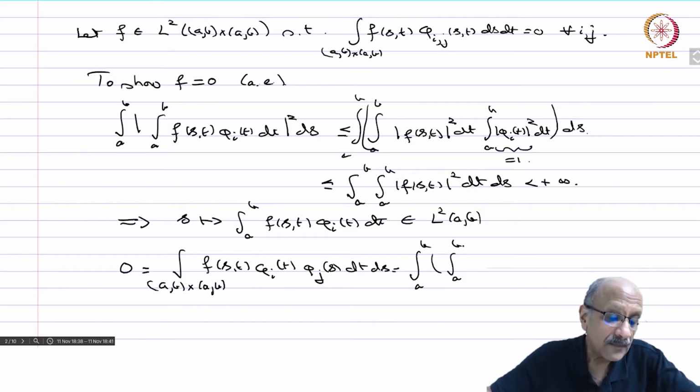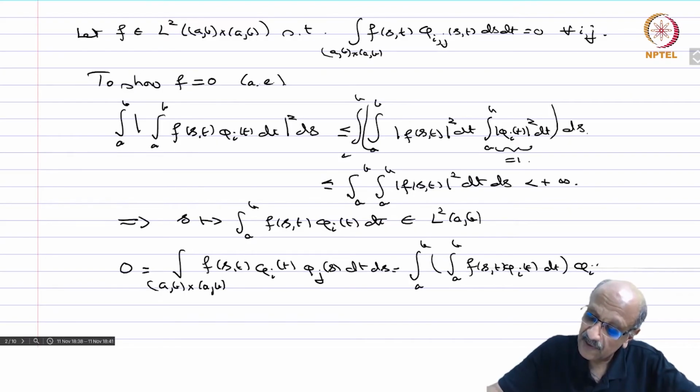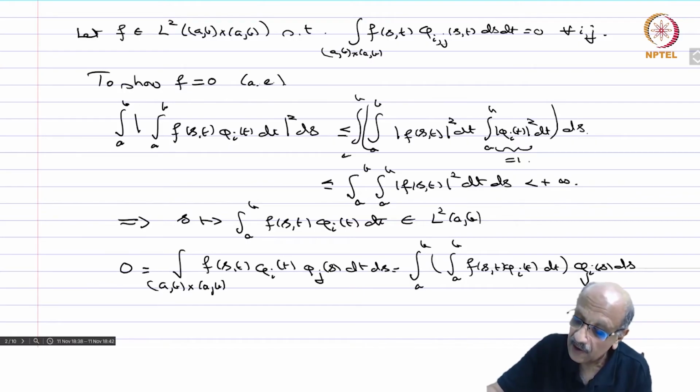Integral a to b of integral a to b f(s,t) phi i(t) dt into phi j(s) ds.